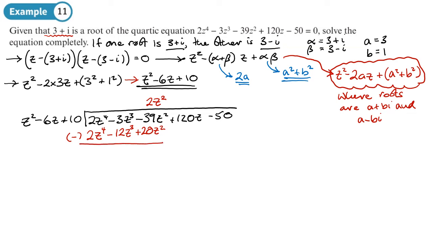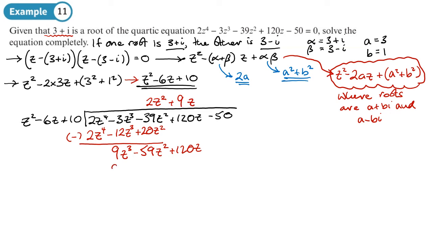So I'll have negative 3 minus 12, or plus 12, so 9z cubed, and negative 39 minus 20, so it's going to be negative 59z squared, plus bring the next term down, and do the whole process again. So z squared goes into 9z cubed 9z times.